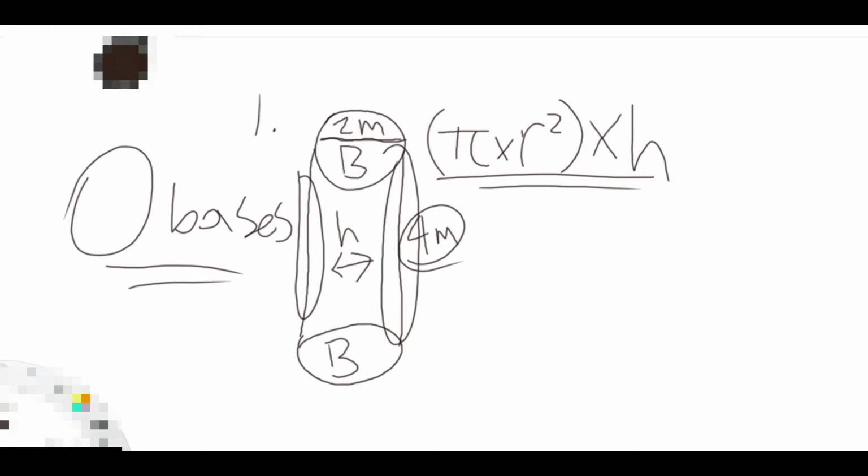A circle is a 2D shape. So the height is technically stacking up the circles. That's an easy way to imagine. Boom, that's a cylinder.